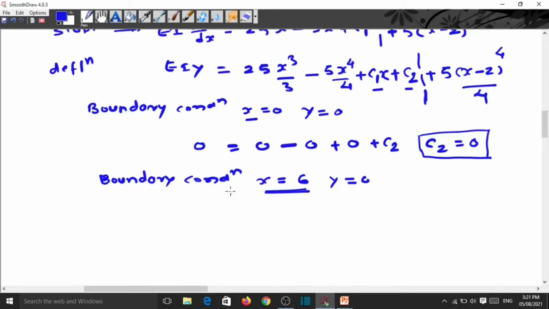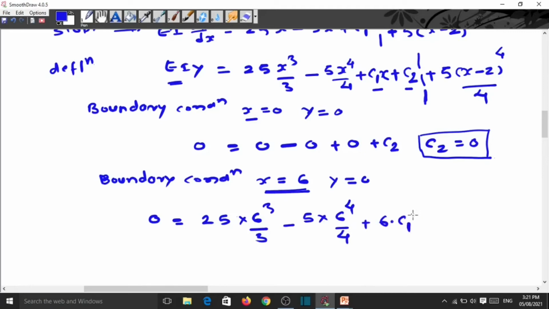So x is equal to 6, the y is equal to 0. Now again put in this condition, this becomes 0 is equal to 25 into 6 raised to power 3 by 3 minus 5 into 6 raised to power 4 by 4, then plus 6 into c1, then plus 5 by 4, here (6 minus 2) raised to power 4.